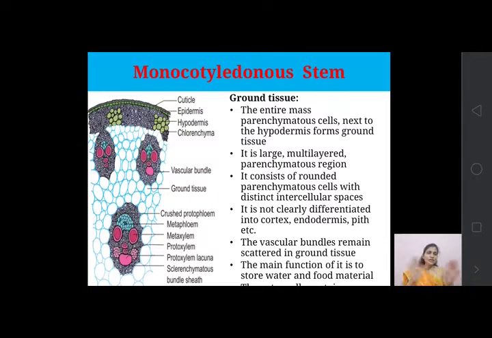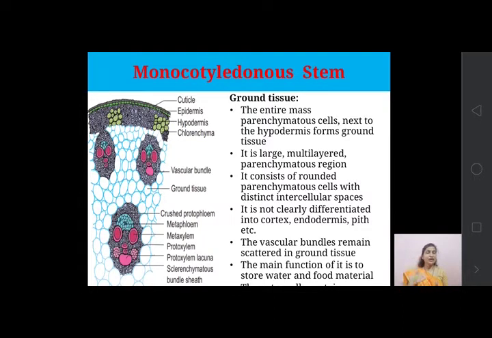So this entire mass which contains the parenchymatous cells, which are present just below the hypodermis, is known as the ground tissue. Yes, it is large, multi-layered, made up of parenchymatous tissues, and it consists of rounded or somewhat oval shaped parenchymatous cells with distinct intercellular spaces.